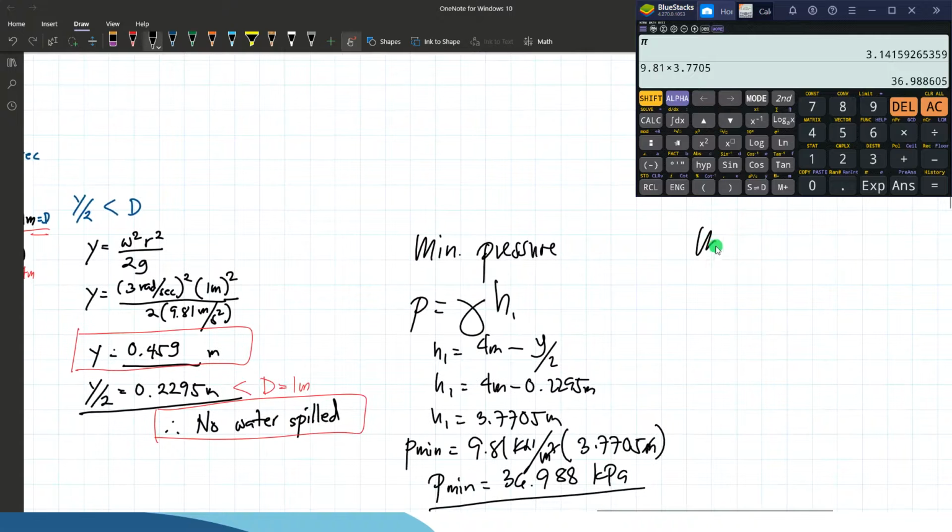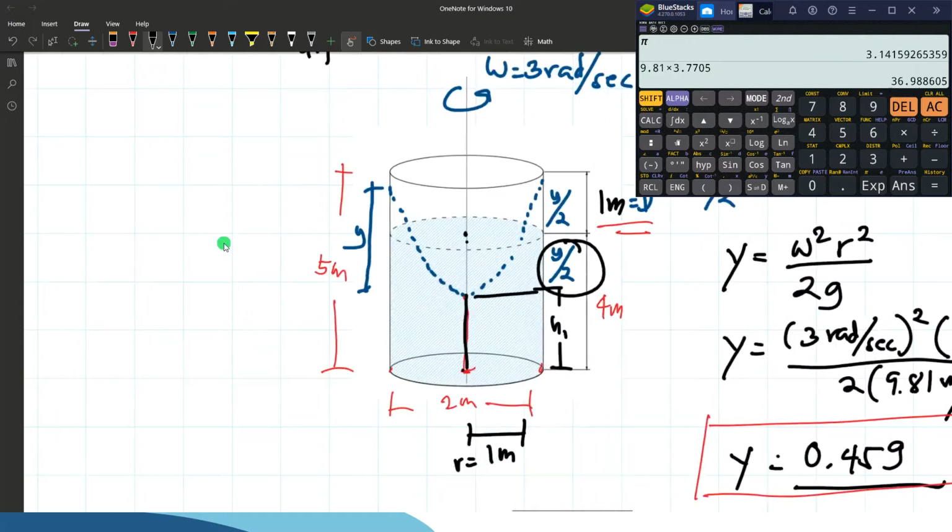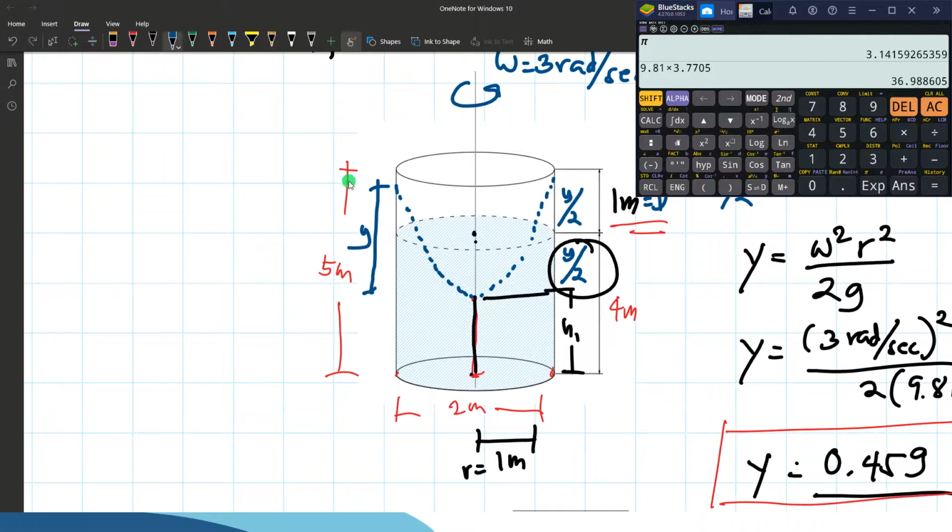Next, maximum pressure. Okay, the depth of the fluid will be this one. It is just the sum of the initial depth of water, which is 4 meters, and y over 2.